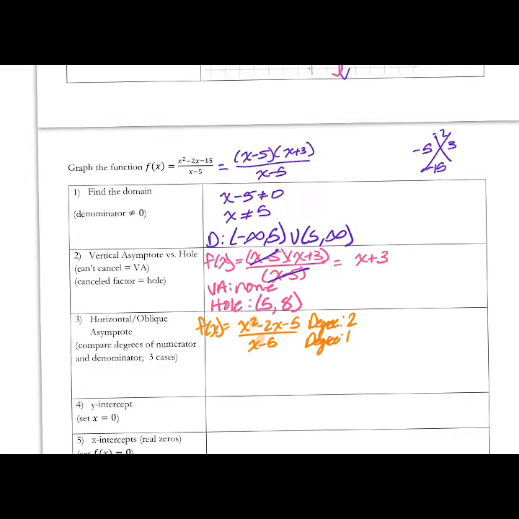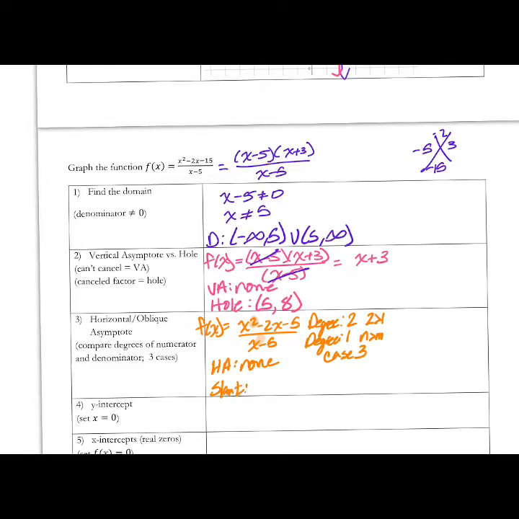So I know that 2 is greater than 1, so n is greater than m. So this is case 3. Case 3 says for horizontal asymptotes there are none. When n is greater than m, there is none. But I have a slant, that tells me I have a slant asymptote.